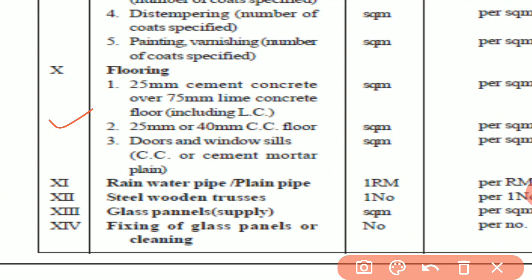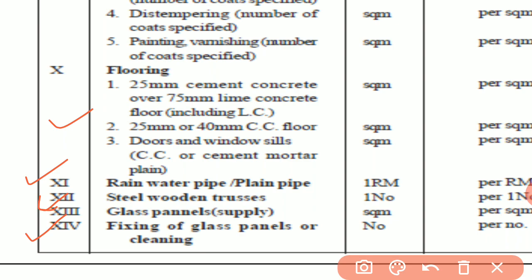Now there are some specific items that are measured separately. Rainwater pipe or plain pipe is in running meter. Steel wood trusses, if needed, are in number. Then glass panel supply, meaning glass panels required for a partition wall or any specific partition door or window, is measured in square meter, and fixing of glass panels and cleaning is per number.